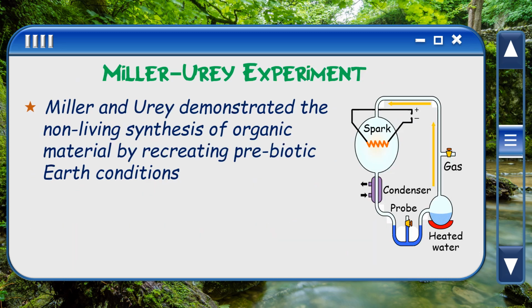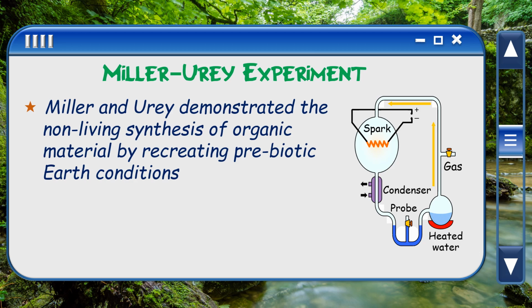Now, when we come to the Miller-Urey experiment, remember we are talking about the origin of cells. Miller and Urey demonstrated the non-living synthesis of organic materials by creating prebiotic earth conditions.